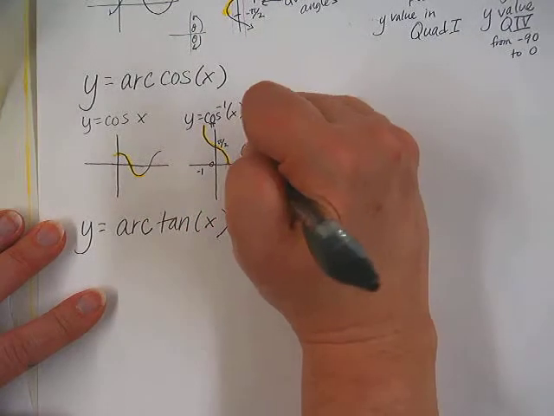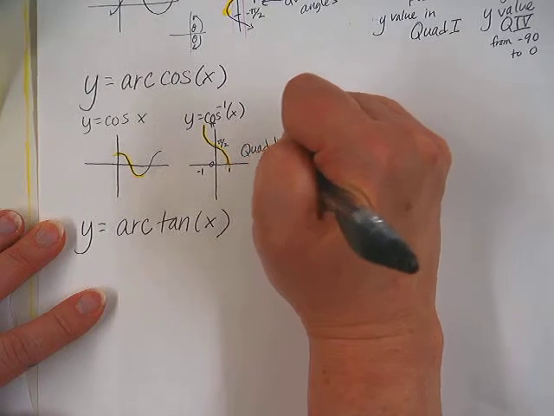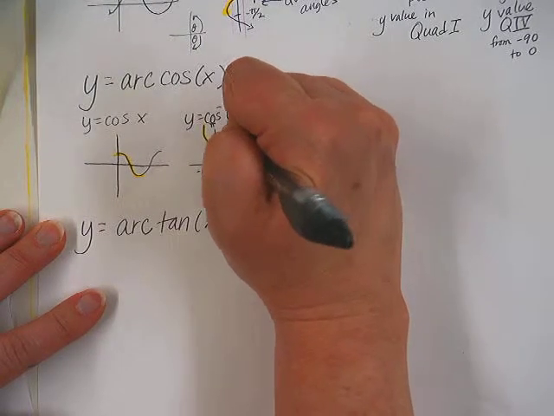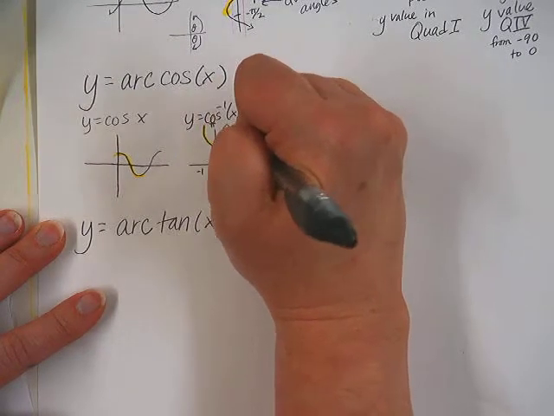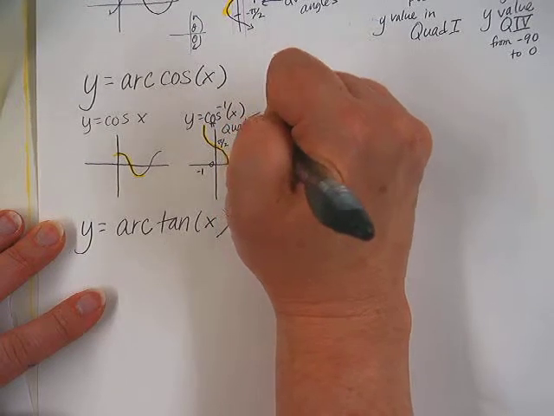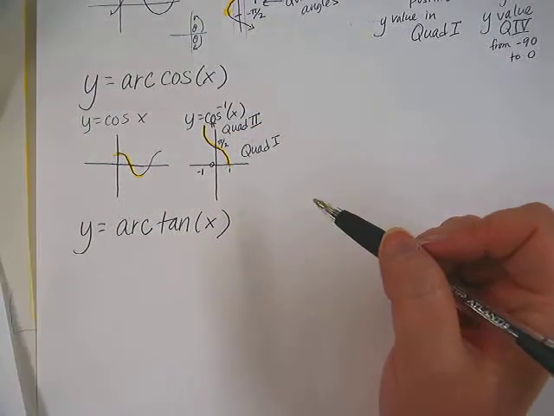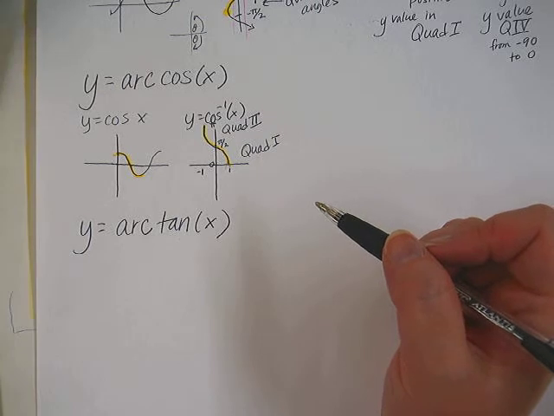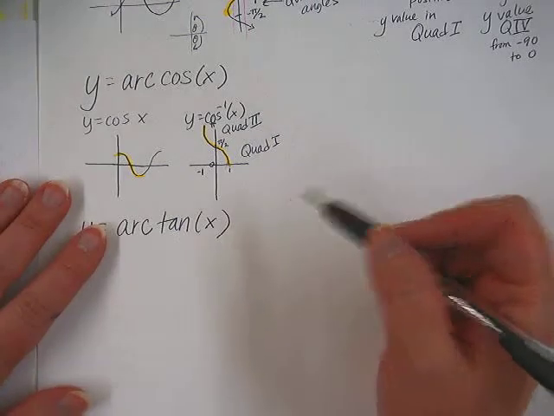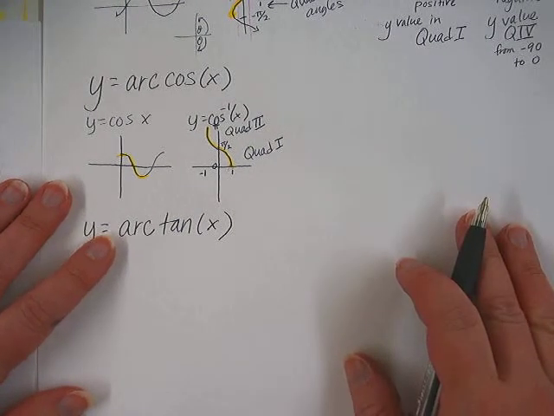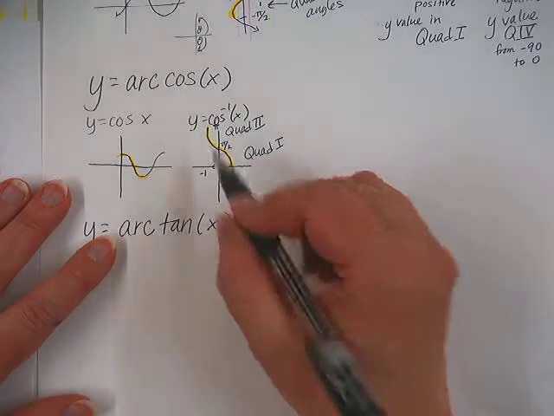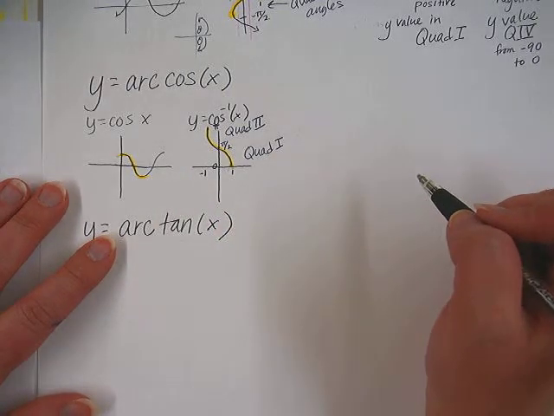So this time we're going to be dealing with angles in quadrant 1 and angles up here for the negative values in quadrant 2. By the way, as I'm using these graphs to help you understand, be aware that we are not going to be graphing in general these inverse trig functions. I'm just using it to help us understand the trading x and y.